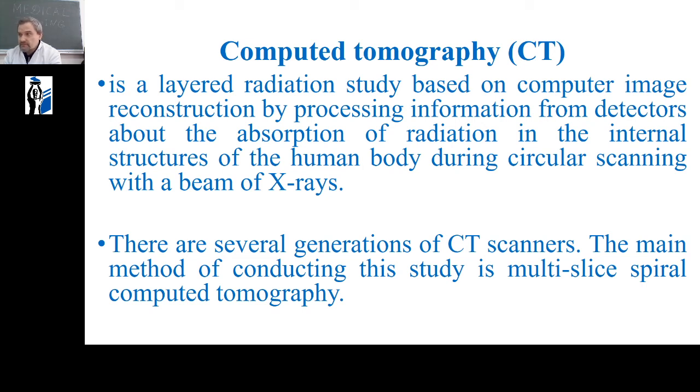We mean that the image was obtained using X-rays. Computed tomography is a layered radiation study based on computer image reconstruction by processing information from detectors about the absorption of radiation in the internal structures of the human body during circular scanning with a beam of X-rays.